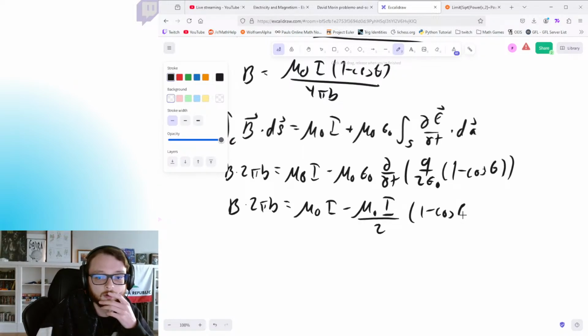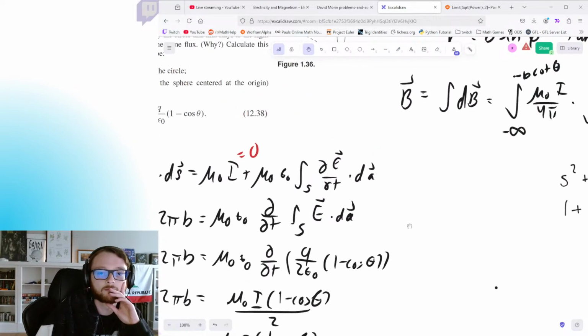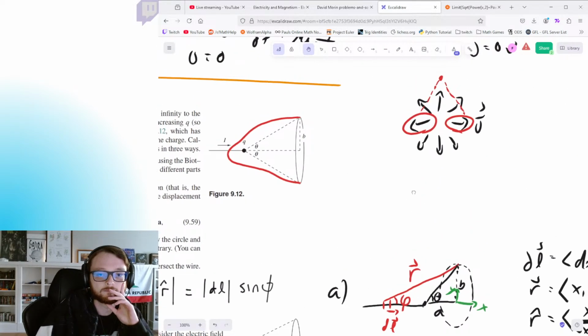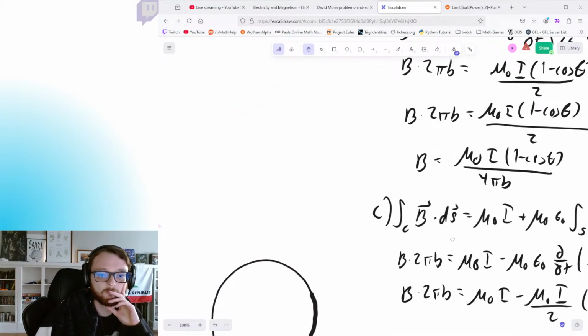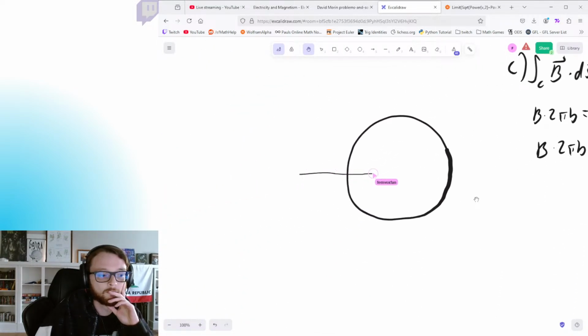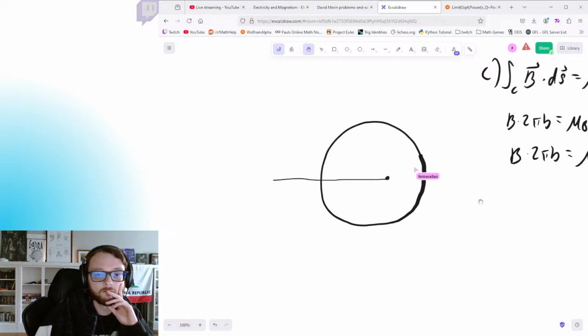What about if we thought of something like this? This could be a spherical surface. This could be our wire coming in here. This could be our circle that we were looking at.